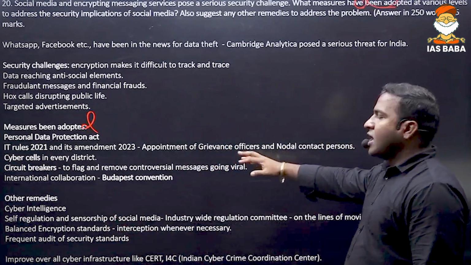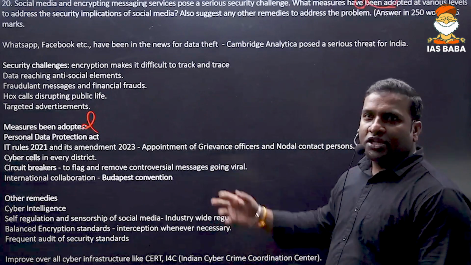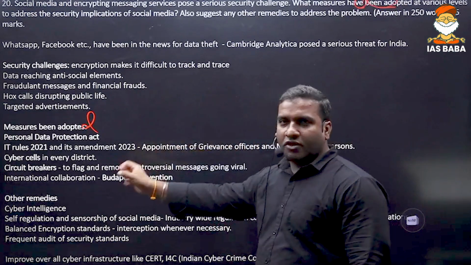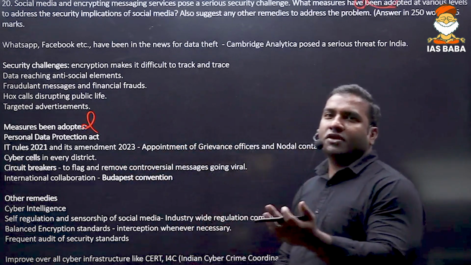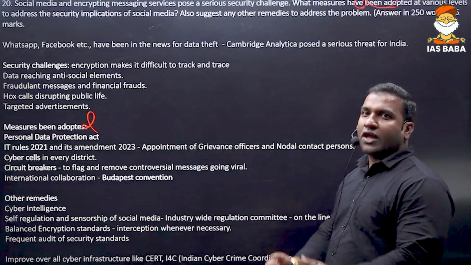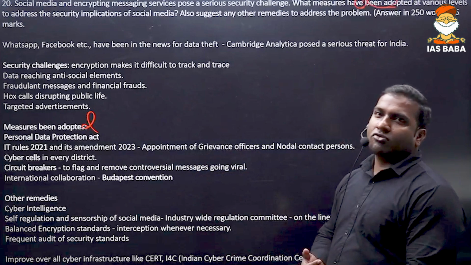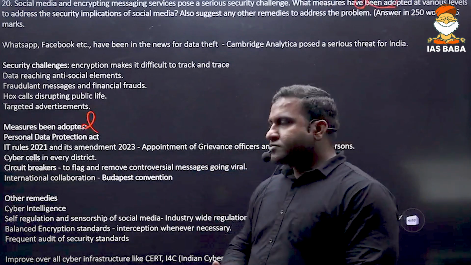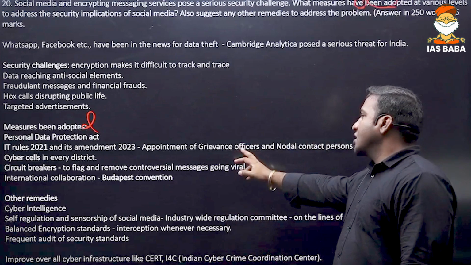This comes with appointment of a grievance officer and nodal contact person, so that these persons will be in touch with the government, and they will alter the social media as and when the government requires, to flag any controversial message, or to ban any account, or to stop any message from going viral.